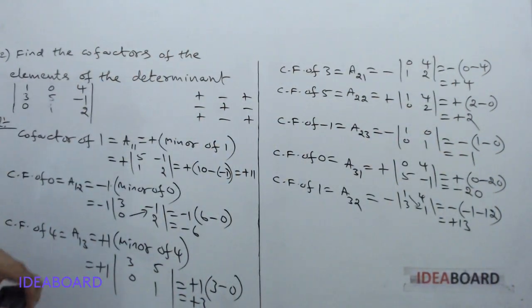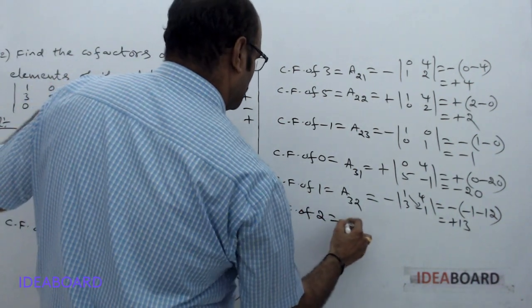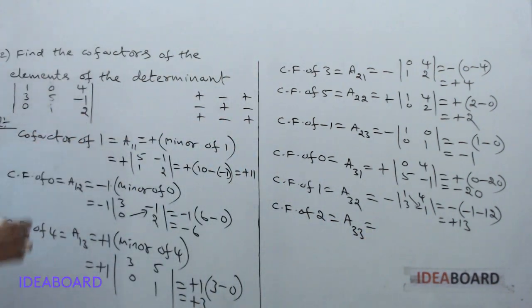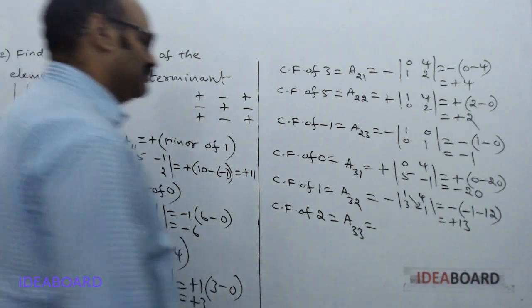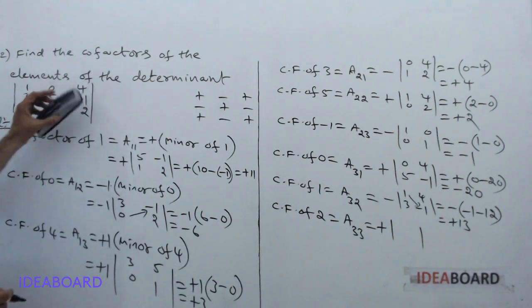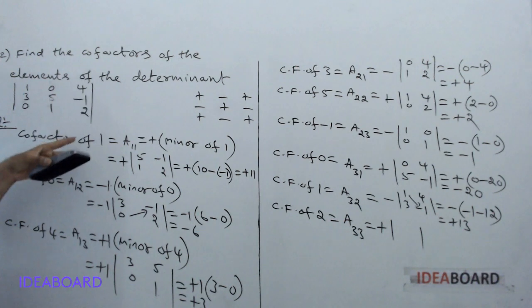Now cofactor of 2 equal to A33. A33 equal to plus determinant of, remove this column, because the element 2 lies in third row and third column.